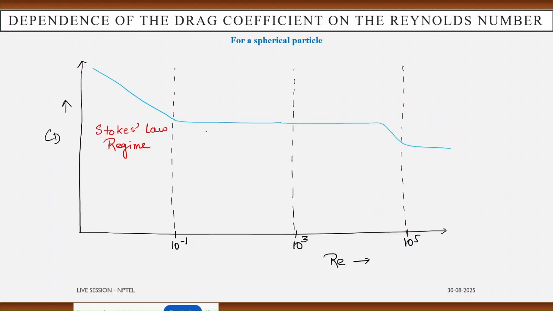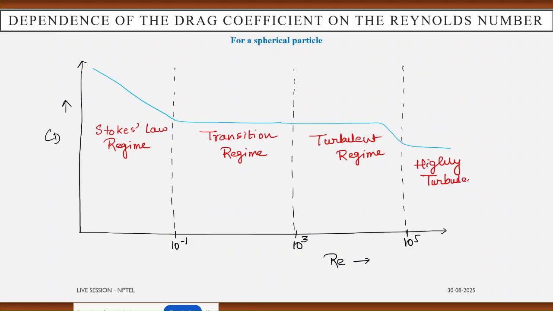This one is the transition regime, and this one is the turbulent regime, and this one is the highly turbulent regime. Here it is also known as turbulent or Newtonian.